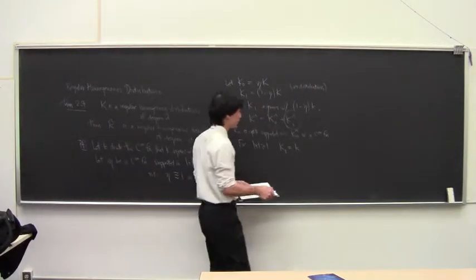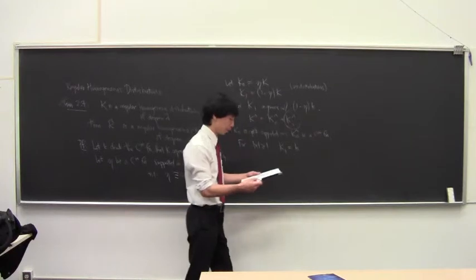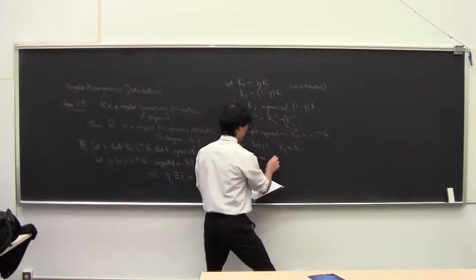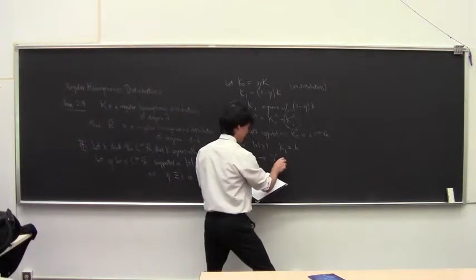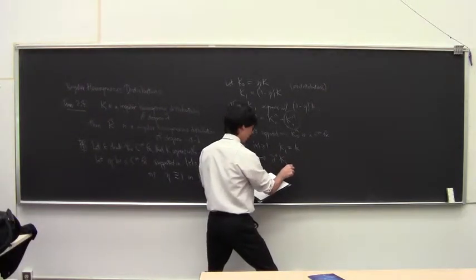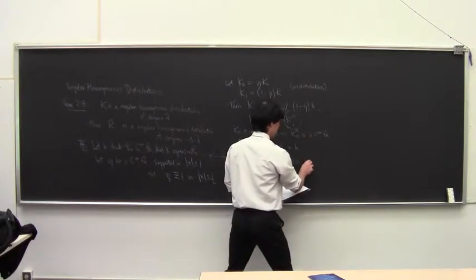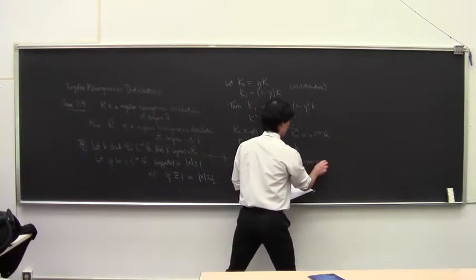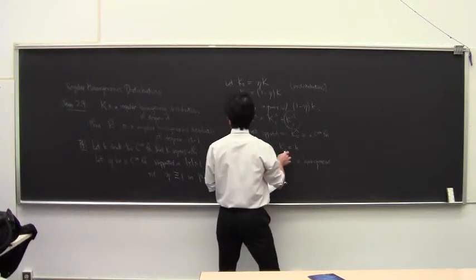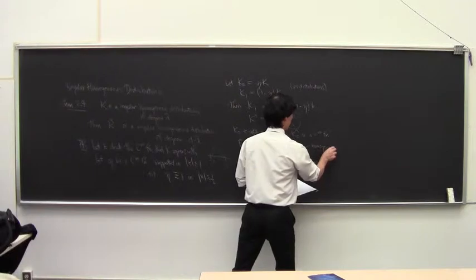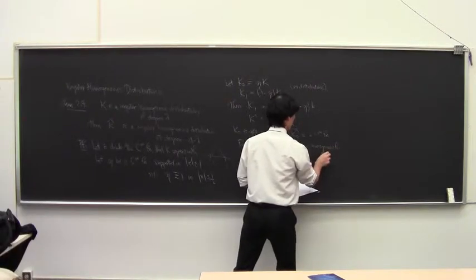So any derivative of k1, the alpha derivative, is a homogeneous function. Remember, this k is a homogeneous function of degree lambda.